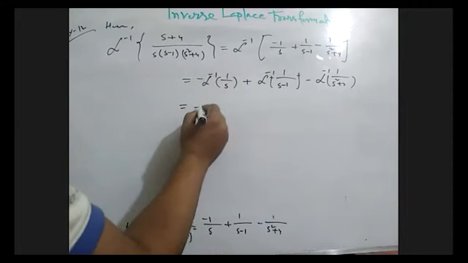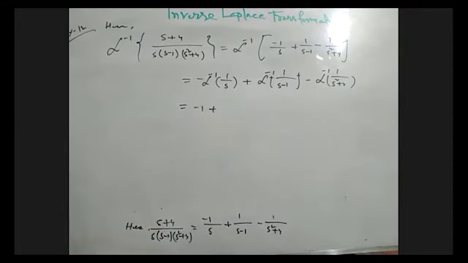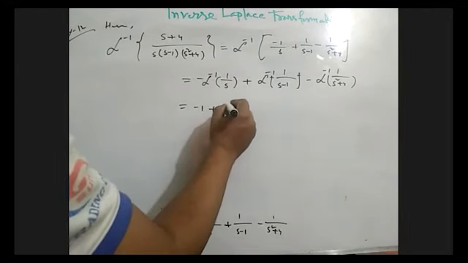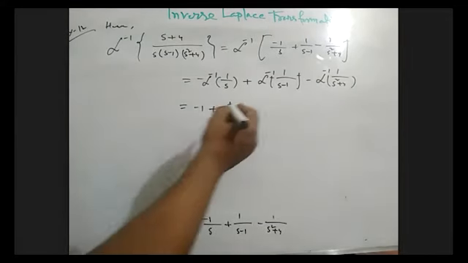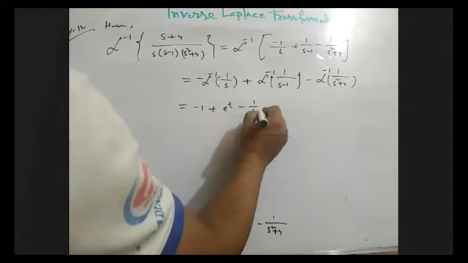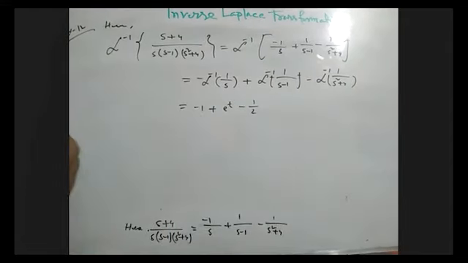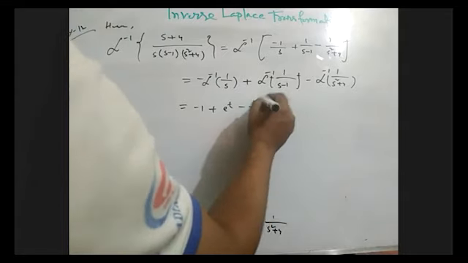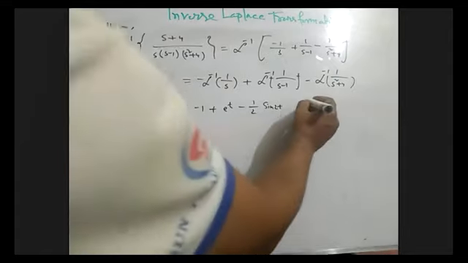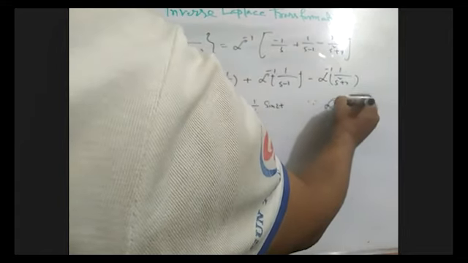So this means minus 1, and 1 by s gives 1, so minus 1, and this will be e to the power t, minus half sine 2t, because a is 2. The inverse Laplace transformation of 1 by s square plus a square is 1 by a sine at.